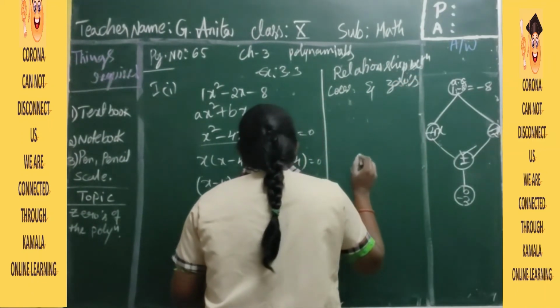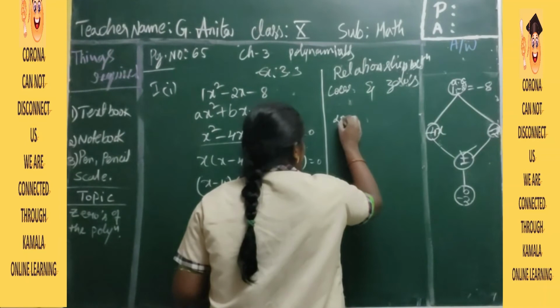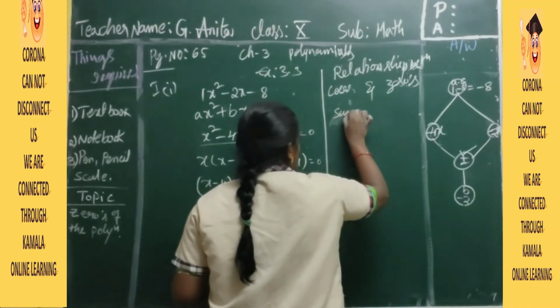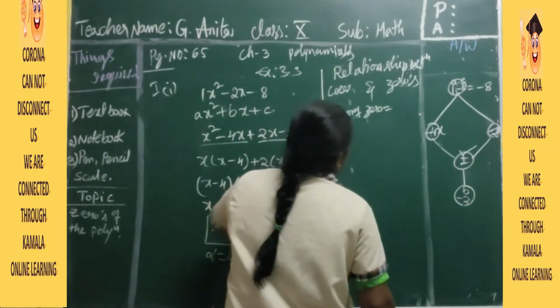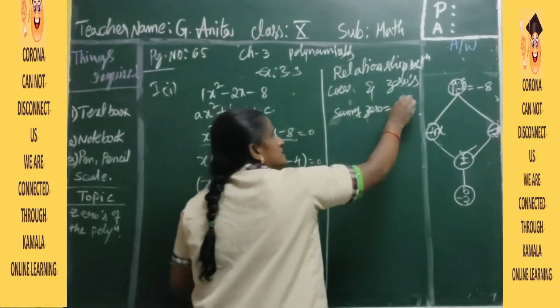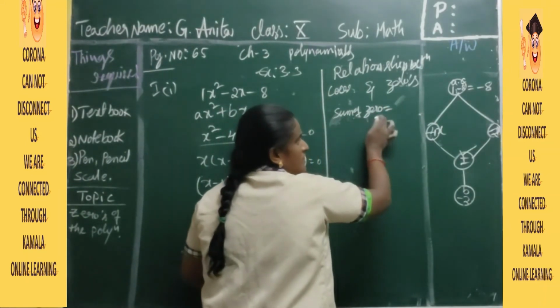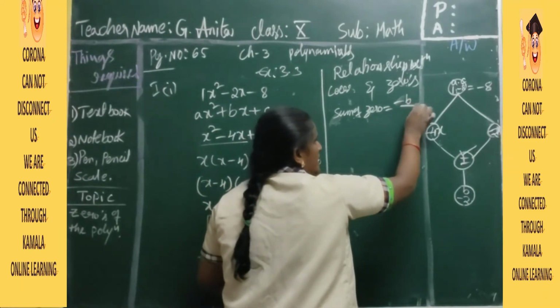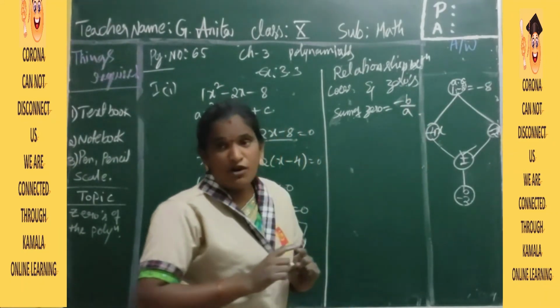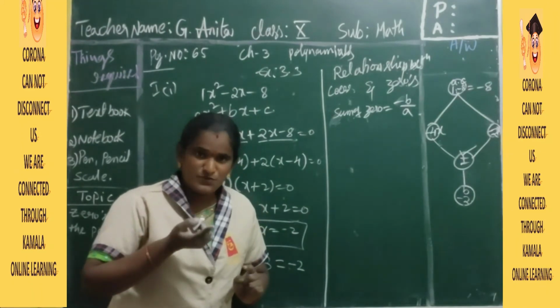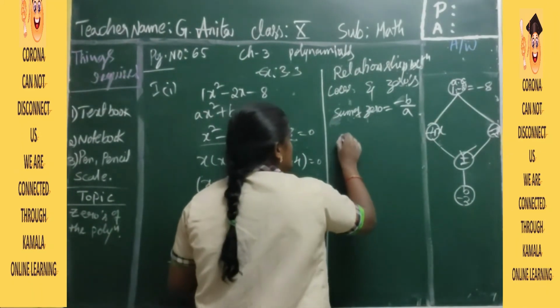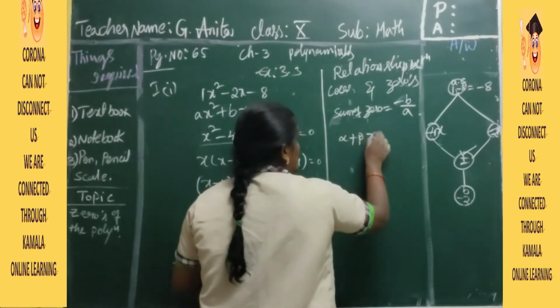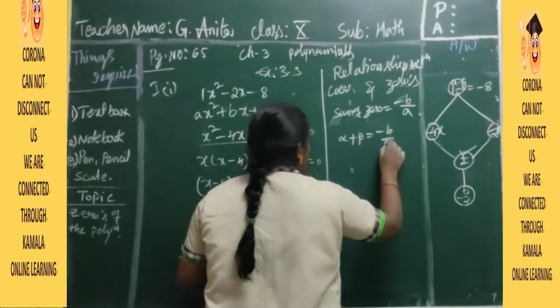Okay, children? So I am taking directly sum of zeros. You know the formula. What is the sum of zeros, children? Sum of zeros is nothing but minus b by a, minus of coefficient of x by coefficient of x square. Alpha plus beta is equal to minus b by a.